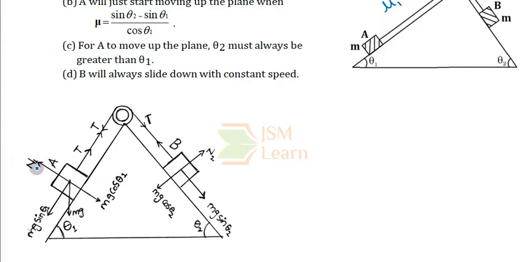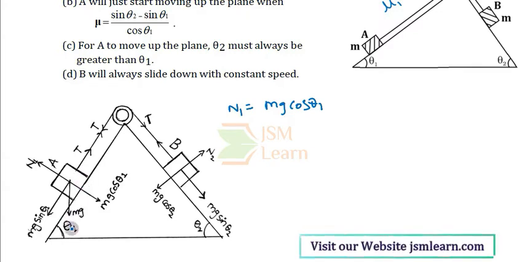Block A will not show any motion in the vertical direction, so it is in vertical equilibrium. We can say that N1 will be equal to mg cos theta 1. The coefficient of friction between block A and the inclined plane is mu 1, so the plane will provide a frictional force.